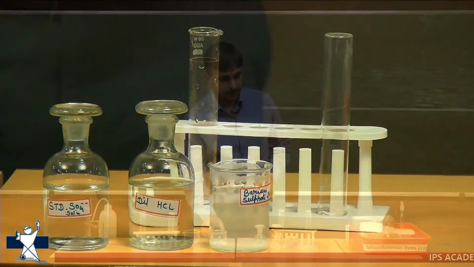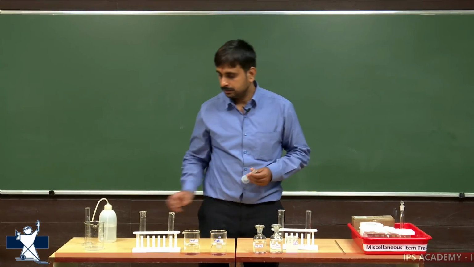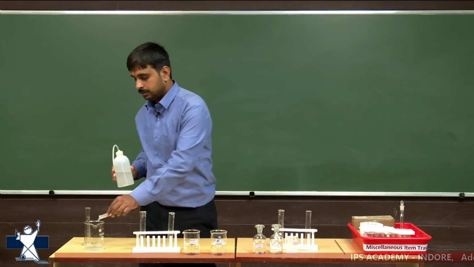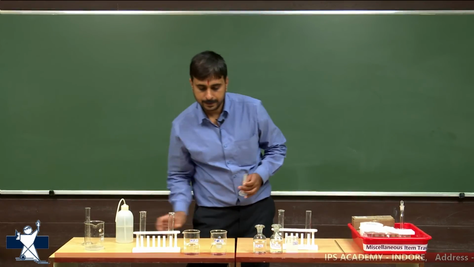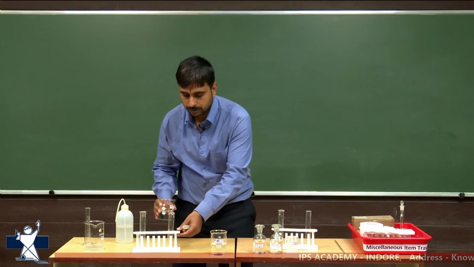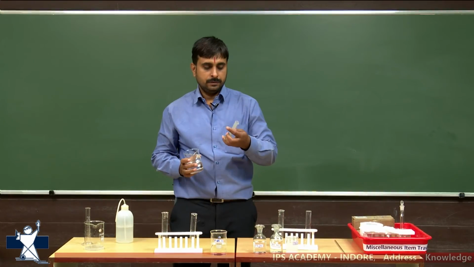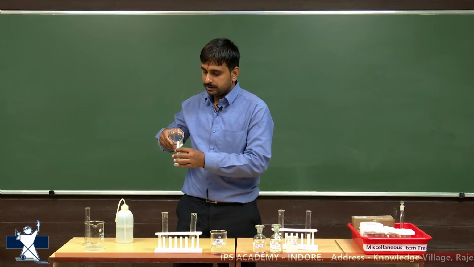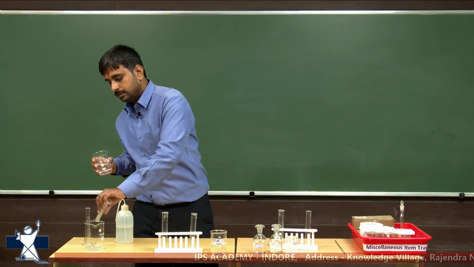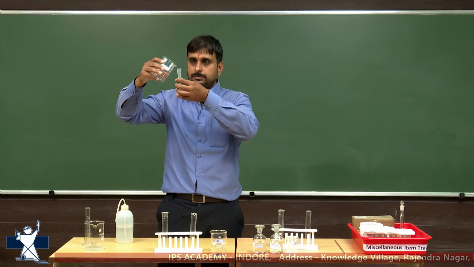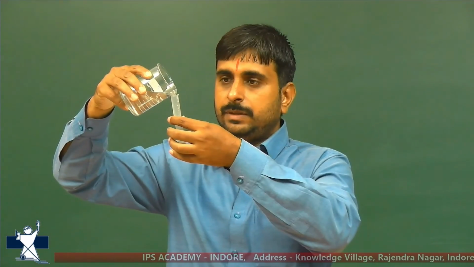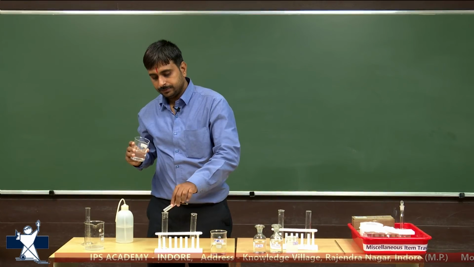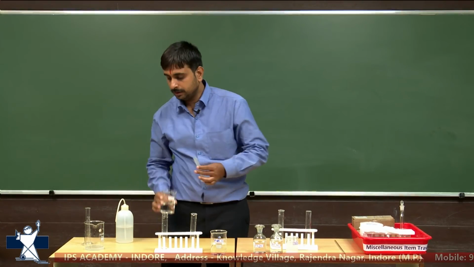We will start. First, I will take 1 ml each of sample A, sample B and standard solution to study this. I will take a measuring cylinder, rinse it, and keep it in the center. We will take 1 ml of sample A carefully in a Nessler cylinder.